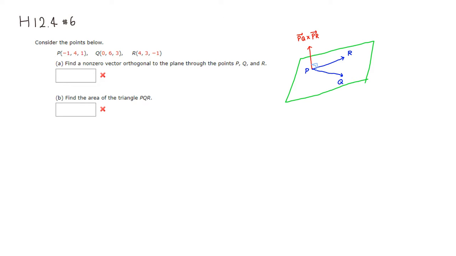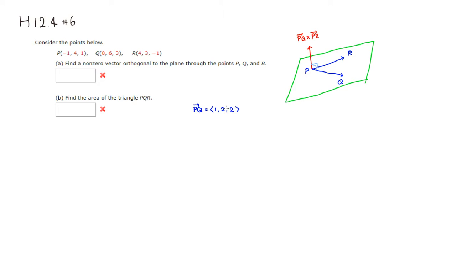All right, so let's find vector PQ first. It's simply a subtraction. 0 minus negative 1 is positive 1. 6 minus 4 is 2. And 3 minus 1 is 2.